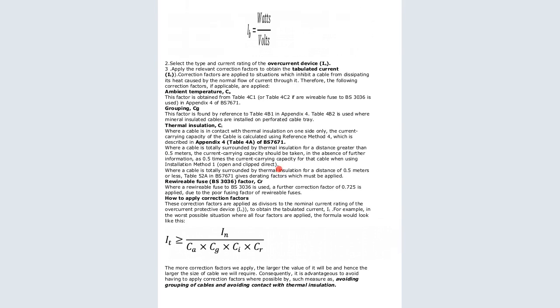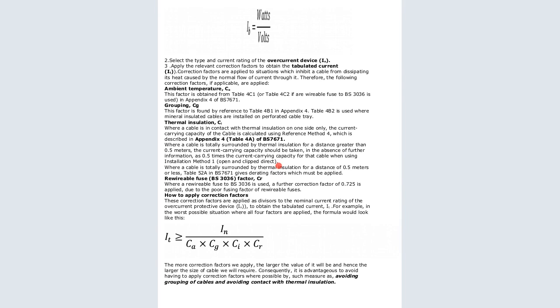Remember the formula I had already given you before: the ambient temperature factor CA is obtained from the table we talked about, and it is a variable of the fuse, that is the BS 3036 standard. We also need the grouping factor, CG, found for reference in the table.